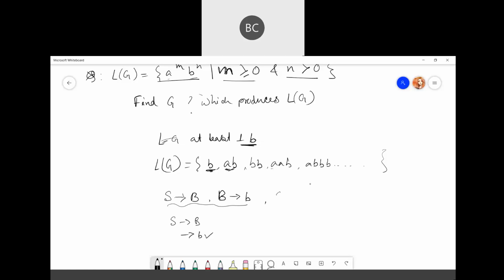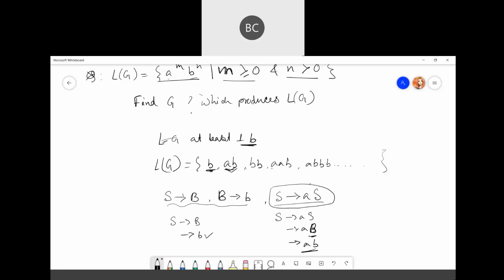For example, if I take S equal to aS, okay, from this production rule, what are the possible strings we can generate? From S, I can again go to capital B, then from B I can generate b. Okay, ab is there in the language. It's correct. So this is another possible production.